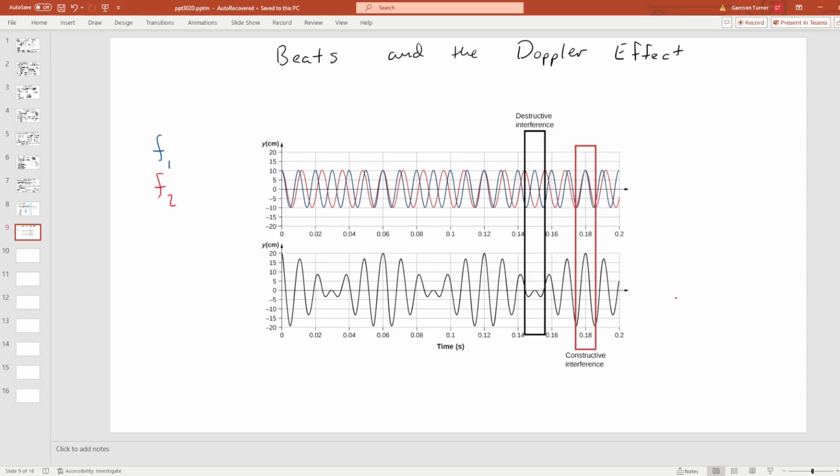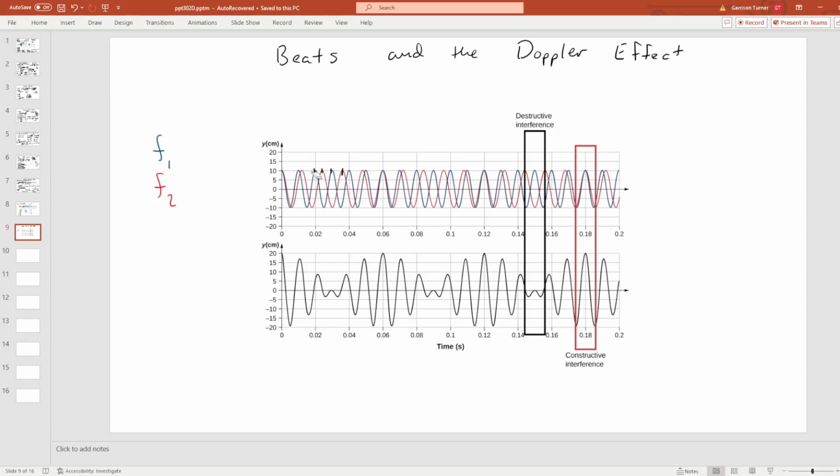Because our axes are in positions and times, we can get an estimate of which of these signals has a higher frequency. You'll note that the blue has a crest here, here, and here, whereas the red has a crest here, here, and here. Those are more spread out than the blue ones are.